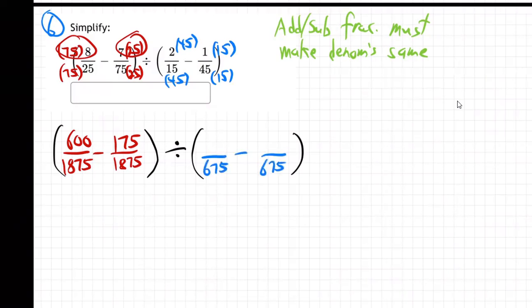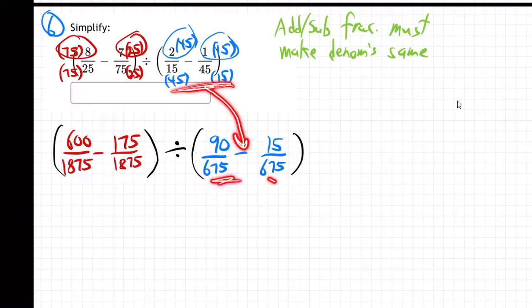And then 2 times 45, that's 90. 1 times 15 is 15. All right. So I made these two denominators the same, 1875. I made these two denominators the same, 675, by multiplying by the other denominator.